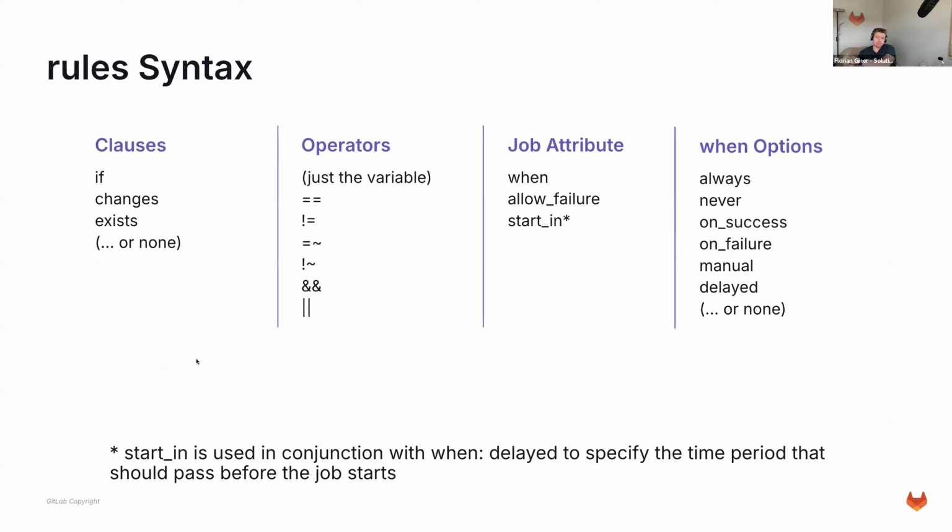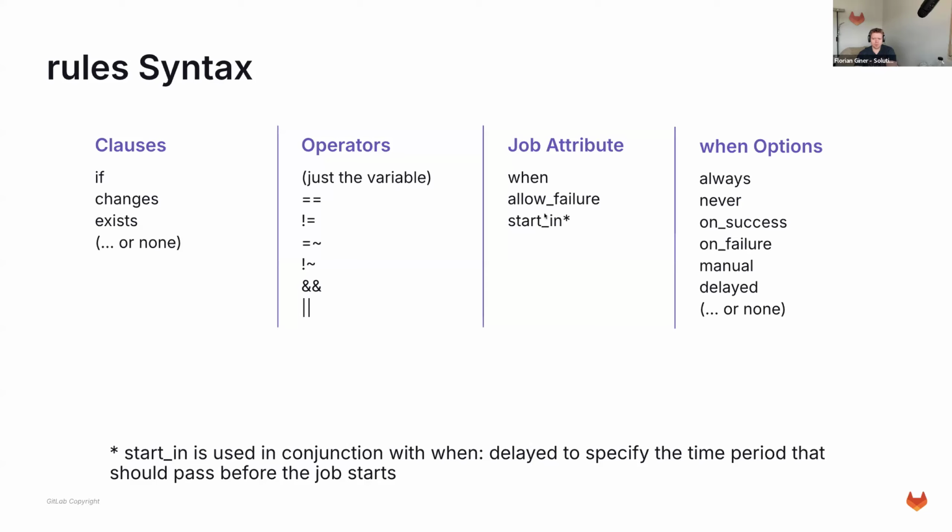I already mentioned we want to be able to set some rules which define when our jobs are executed, and we can do this with three clauses: if, changes, and exists. For example, we can use if with an operator, such as if the current commit branch is the default branch, using equality, then we want to execute it.